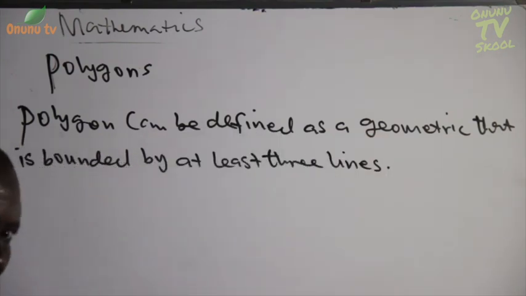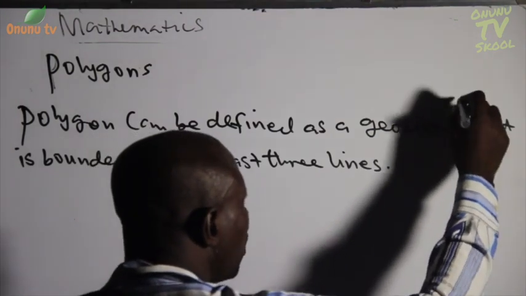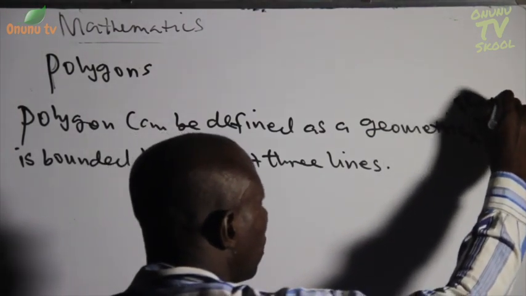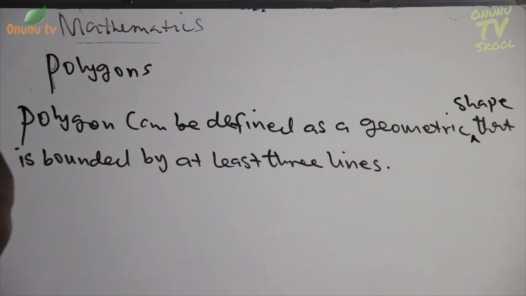Yes, that's the definition. At least it must be bounded by 3 lines for us to see a shape as a polygon or a geometric shape. Geometric shape that is bounded by at least 3 lines.